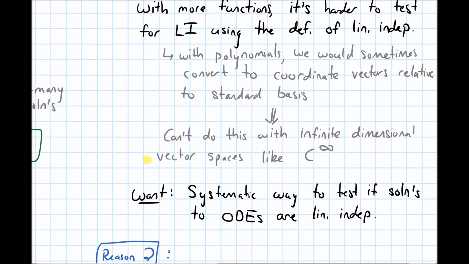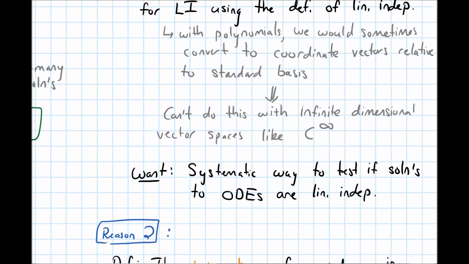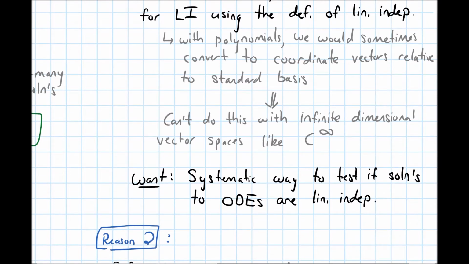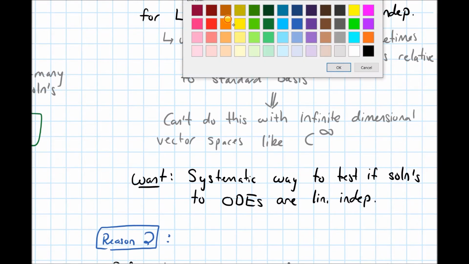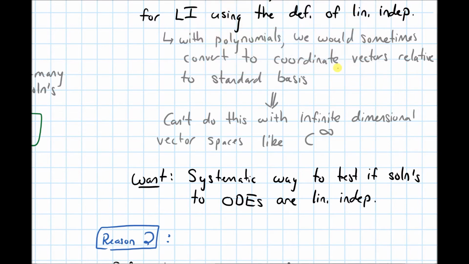So this will take me to reason 2, another way we can show that those two functions were linearly independent. We're going to use something called the Wronskian.